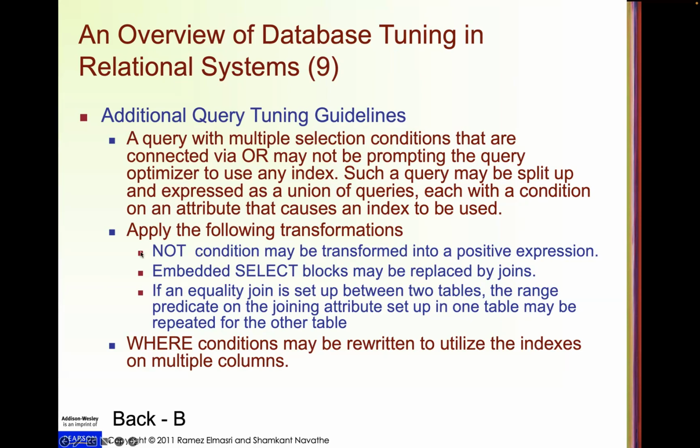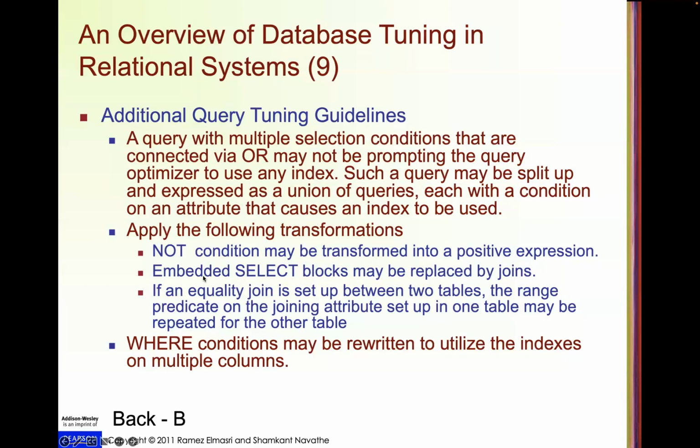So in that case, we can convert this NOT condition into a positive expression by saying get me the students whose GPA is less than 4, for example. By saying NOT, we are just trying to change it into positive. For example, if I say we don't have an exam on 5th, I could rather say we have an exam on 4th. So instead of using a NOT condition, use a positive expression.